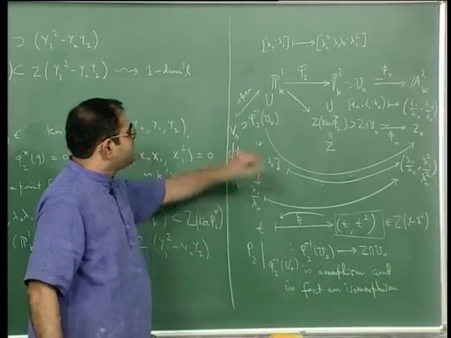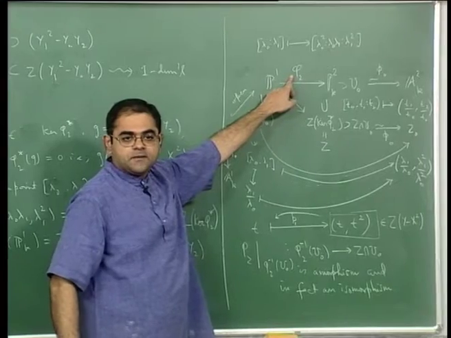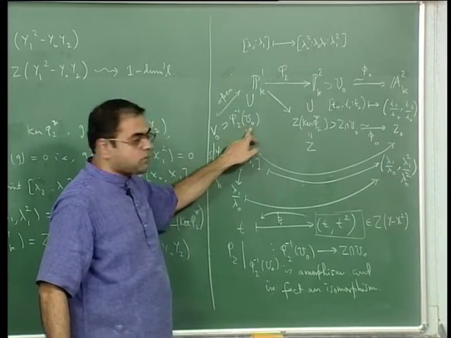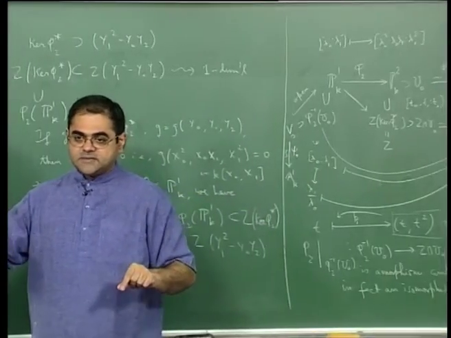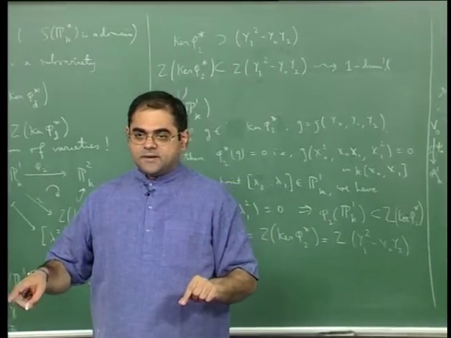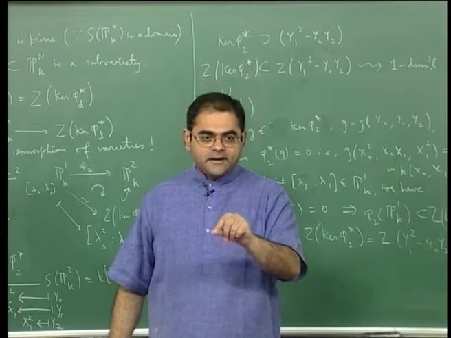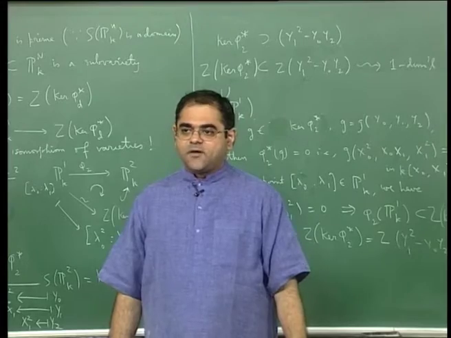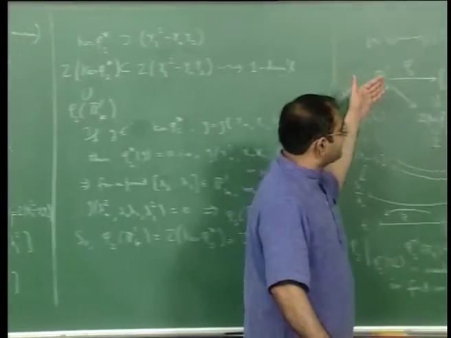So what I have proved is that phi 2, restricted to phi 2 inverse u0 to its image, is an isomorphism. I did this for u0; you try it and write it down for u1 and u2 also, and it will be an isomorphism. So you have checked on a cover that phi 2 is an isomorphism.